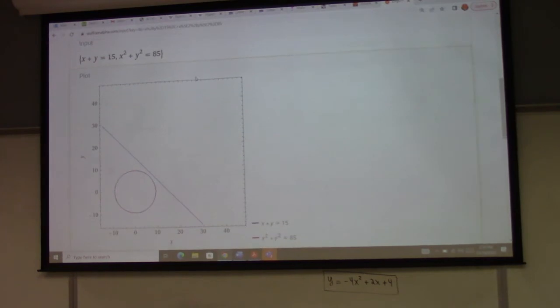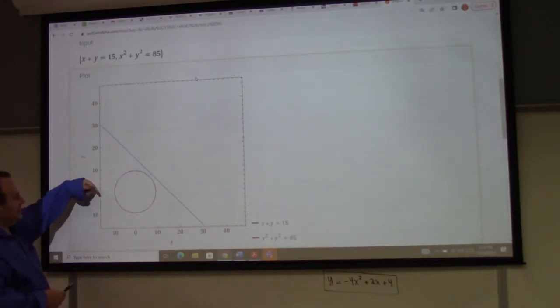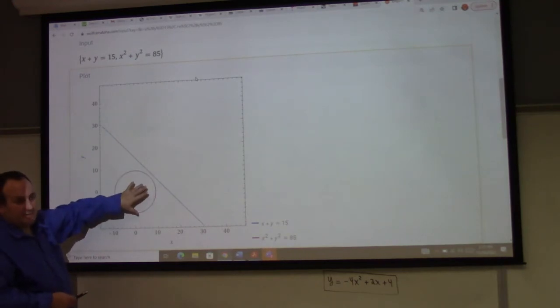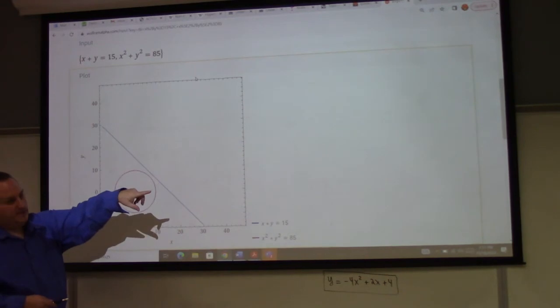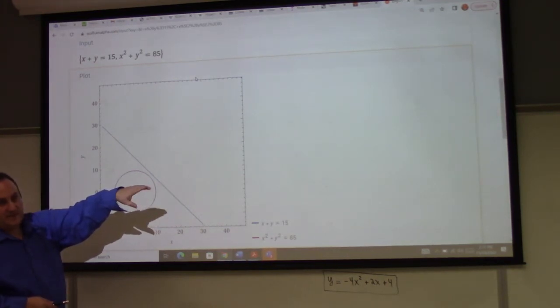See that? Now there is no intersection between the line and the circle. So I expect when we try to solve the system that's just a little bit different, x plus y equals 15 and x squared plus y squared equals 85, it's going to have no solution, right?